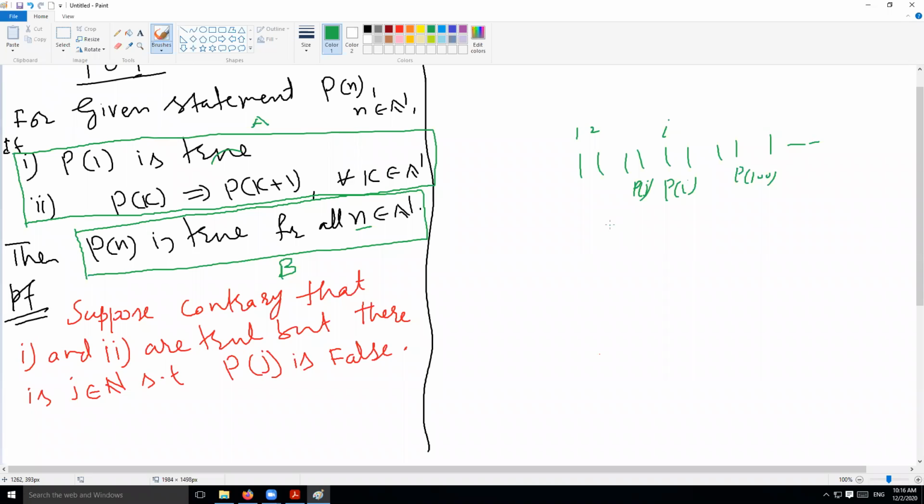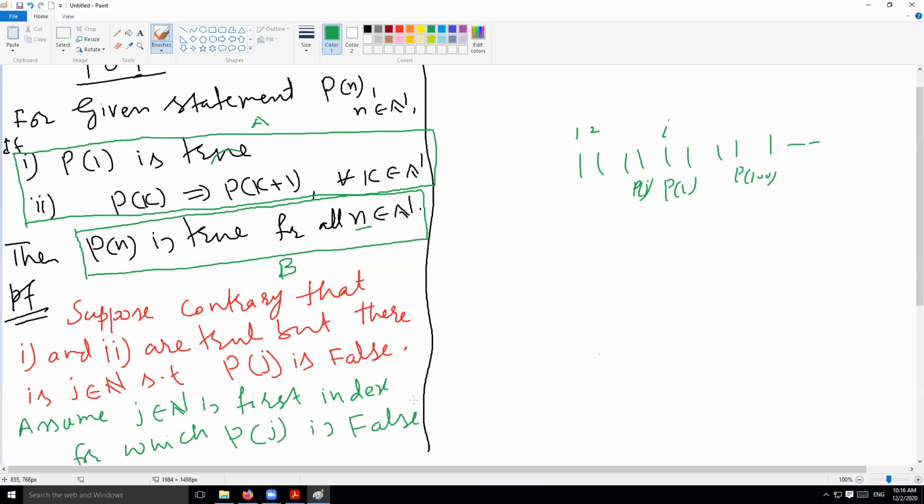But I am assuming that j is the first index for which P of j is false. Okay, j is the first index for which P of j is false.